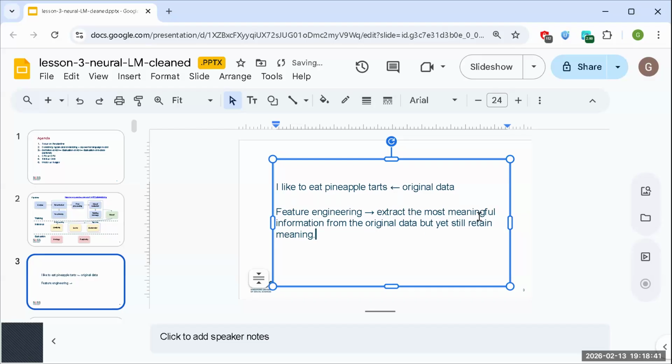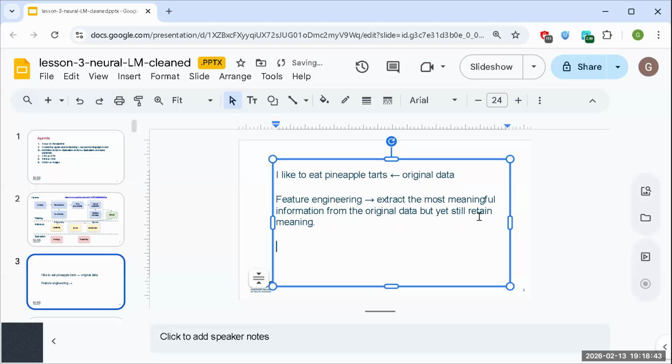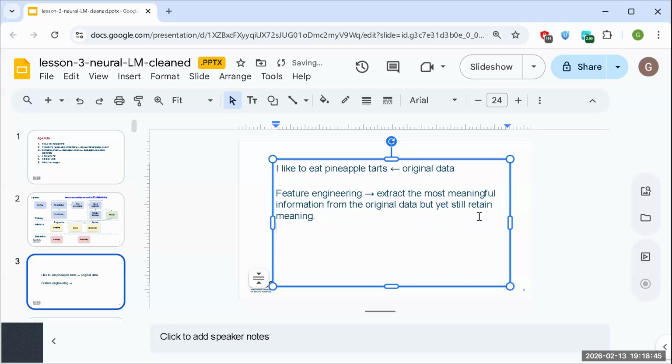That's one way to put it, but it's not the technical definition. The technical definition is that you put features into the model so that the AI model can predict, but you need to choose good features. Another way to explain it is to extract the most meaningful information from the original data, yet retain meaning or maybe predictability.